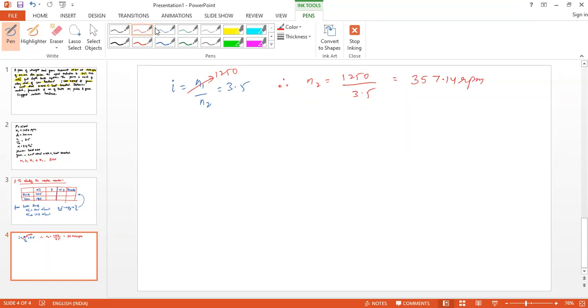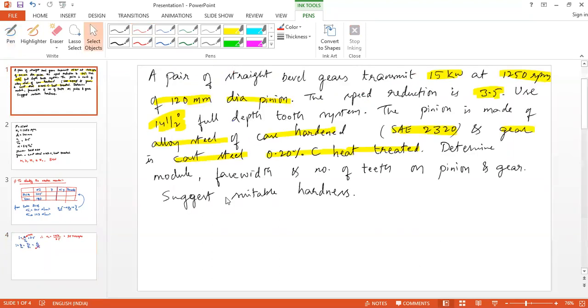And similarly, this i is equal to N1 by N2, that is equal to Z2 by Z1, that is equal to D2 by D1, right? You know this relationship. And we know the value of D1, which is 120.